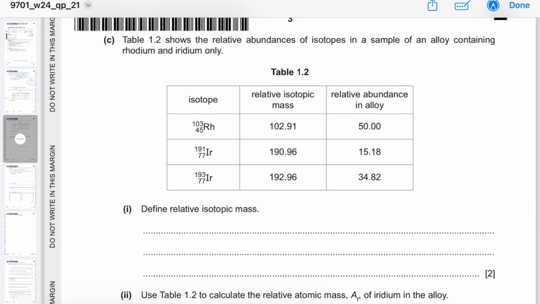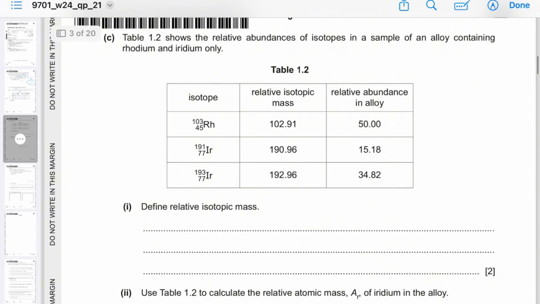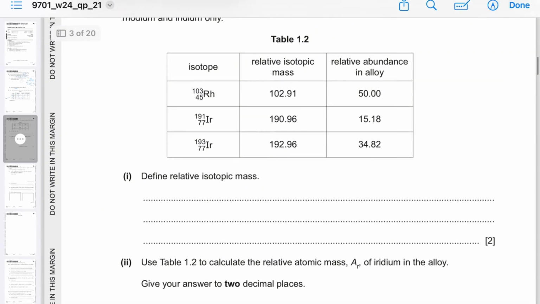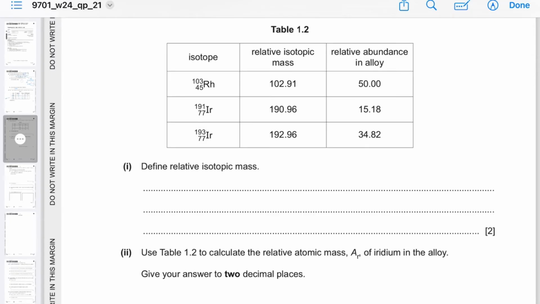Table 1.2 shows the relative abundances of isotopes in a sample of an alloy containing rhodium and iridium only. Define relative isotopic mass. This is the mass of an isotope on a scale where each carbon atom has a mass of exactly 12 units.